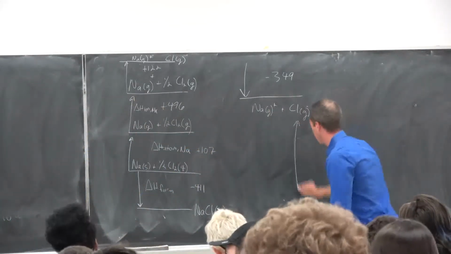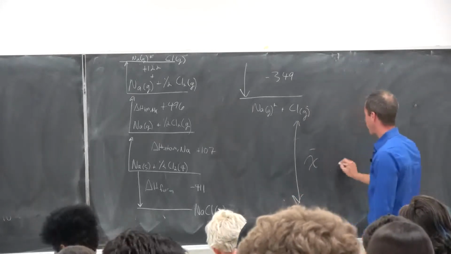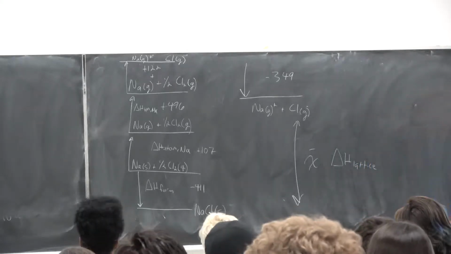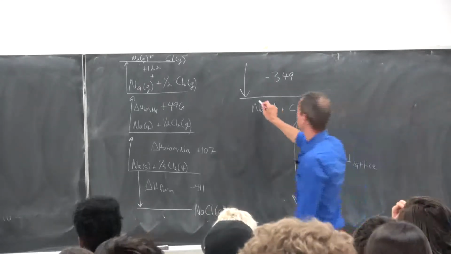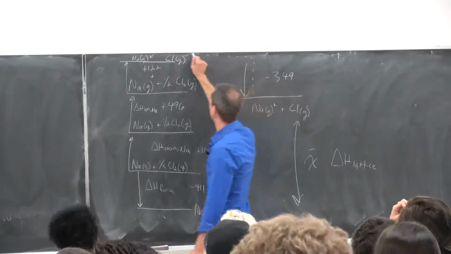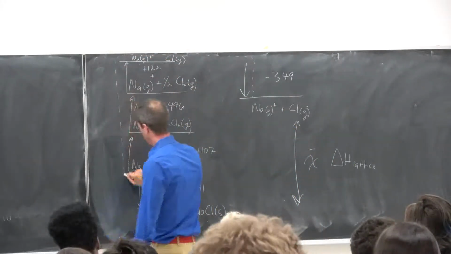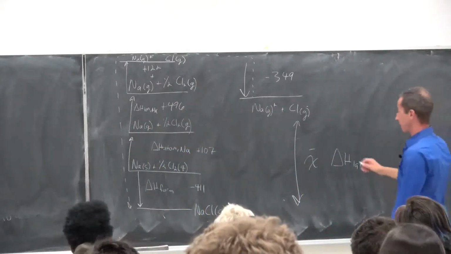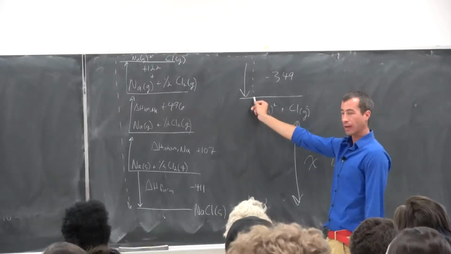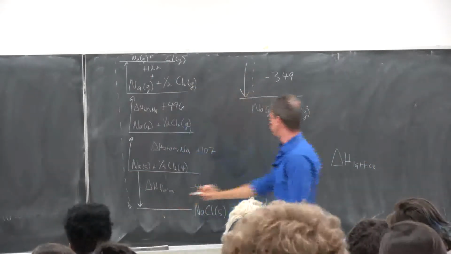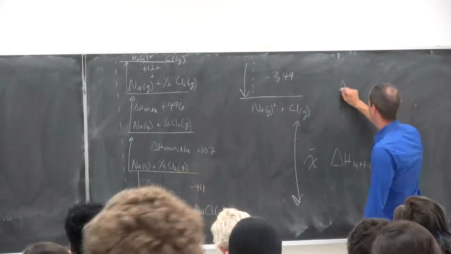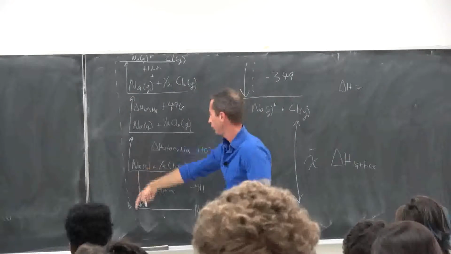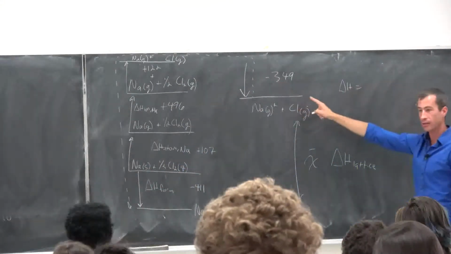So then this is our X. This is our delta H lattice. Okay? And you can kind of just think of going backwards along this path and just add these up. Okay? I like thinking about it this way. So if we're going backwards against this path, this is going to become positive.